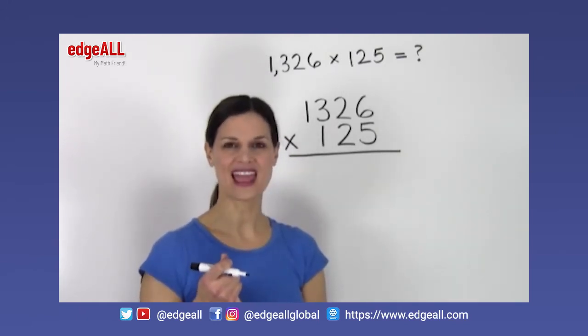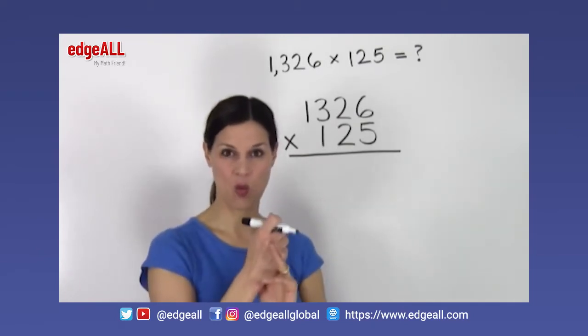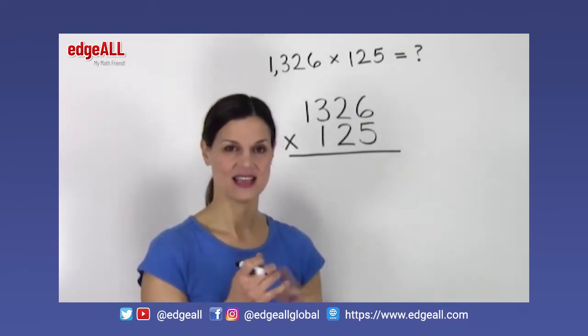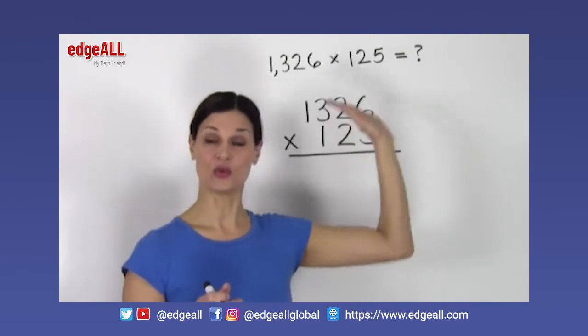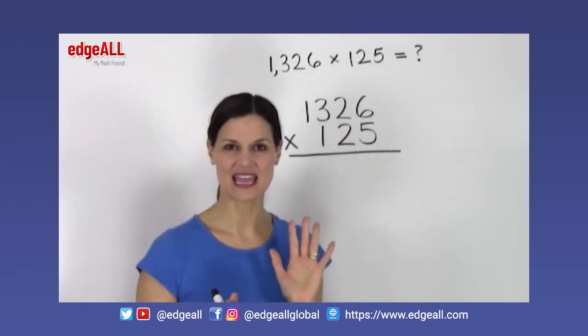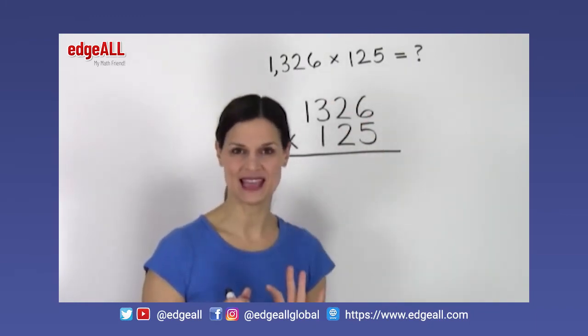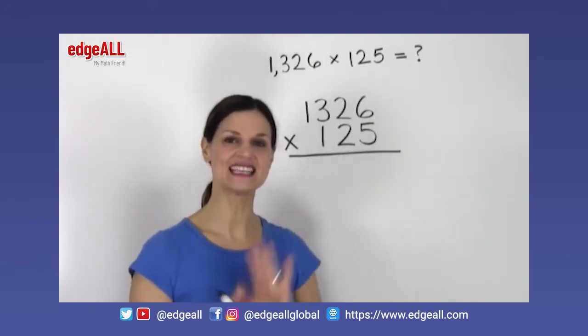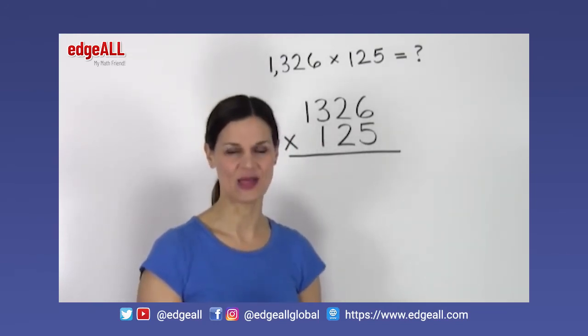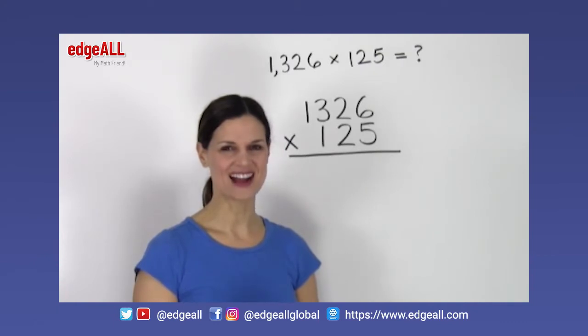I'm going to write the number that's in the ones place of the answer down below, and I'm going to regroup or carry the digit that's in the tens place of the answer to the next highest place value column. Okay, so watch as I do this.